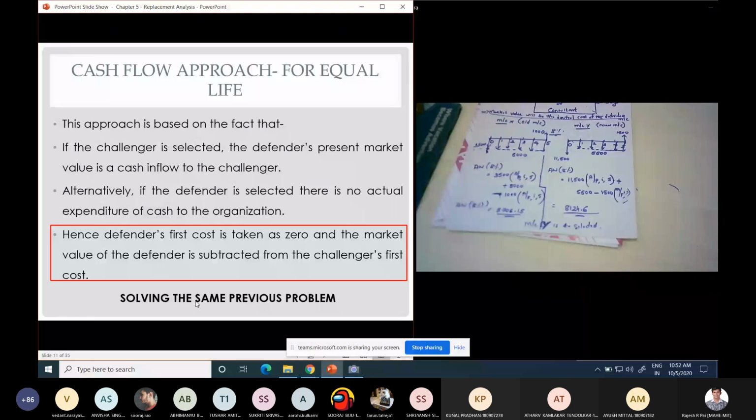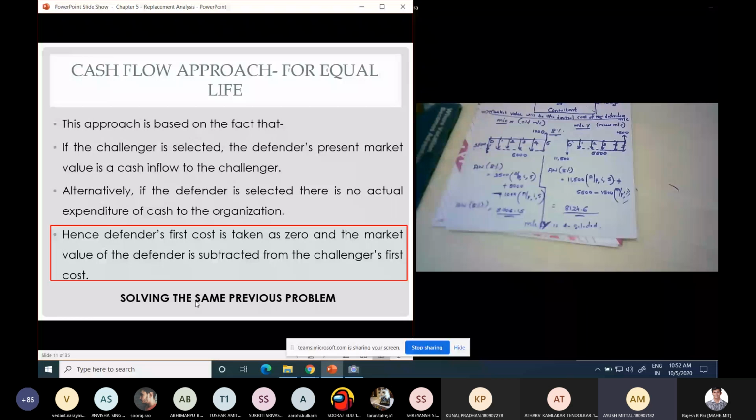Then I will tell you why we have to use the cash flow approach for equal life, and why we do not use the outsider's point of view for equal life. That justification I will also tell you in the next class, along with the economic life of an asset. So students, any doubts, any clarifications here?